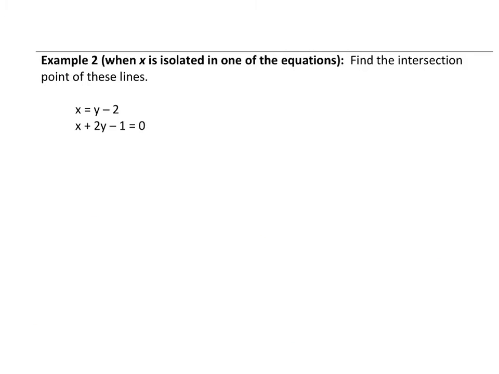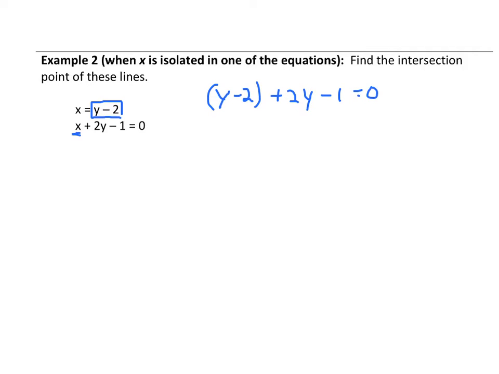All right, here are two equations. Now, in this particular situation, instead of the y being isolated, we now have x is equal to y minus 2. So I'm going to take this y minus 2 and substitute it in this second equation for the x. So the way this goes is I would do y minus 2 in parentheses plus 2y minus 1 equals 0.